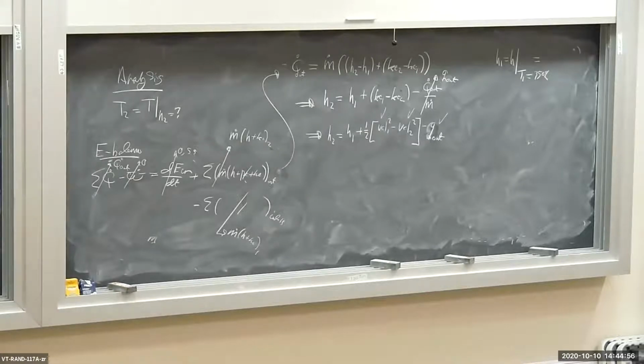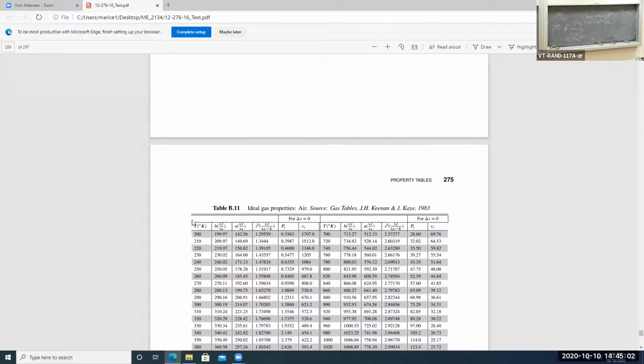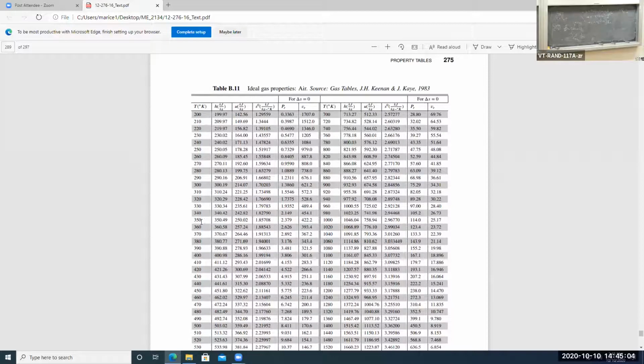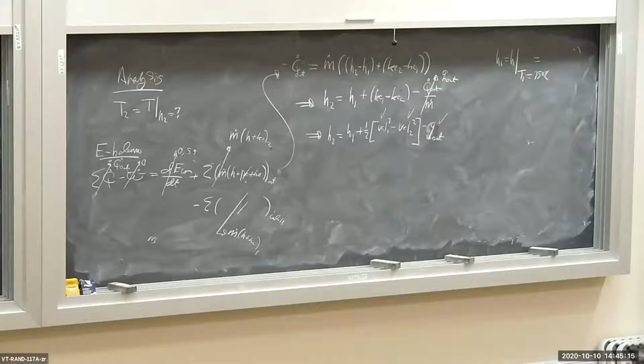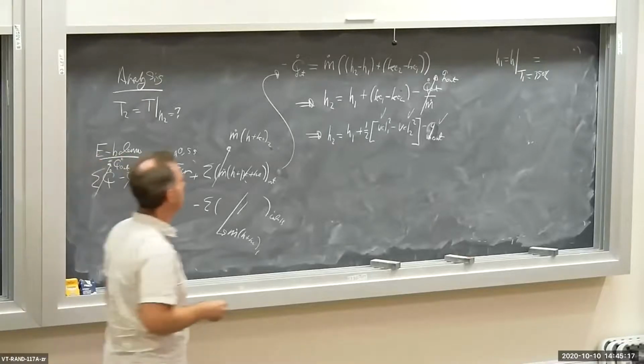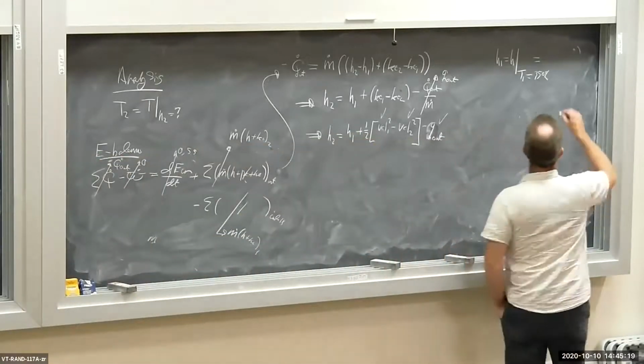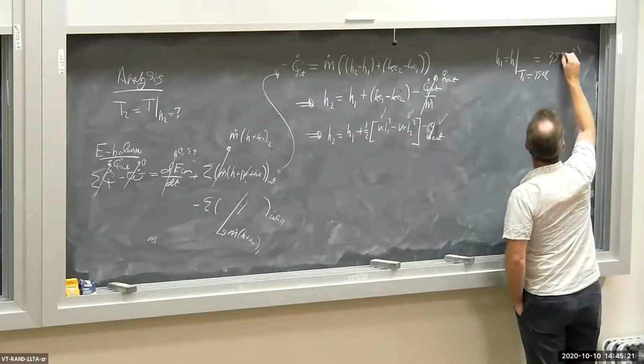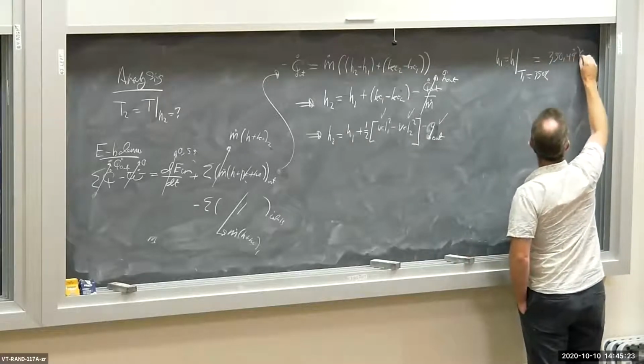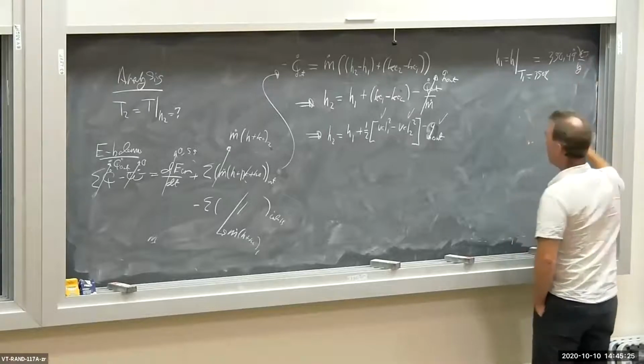Screen share. So here's my ideal gas table, 350 degrees. Looks like specific enthalpy is 350.49. Okay, so that's from tables.